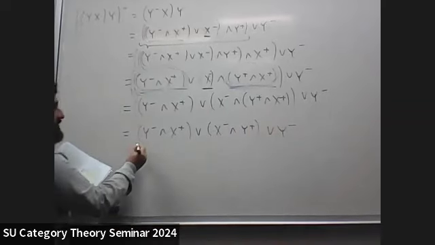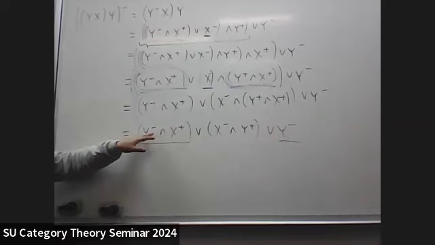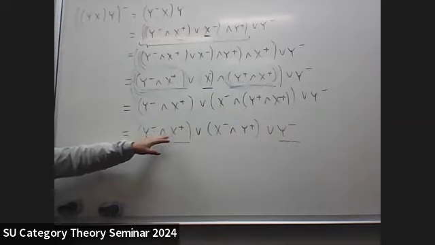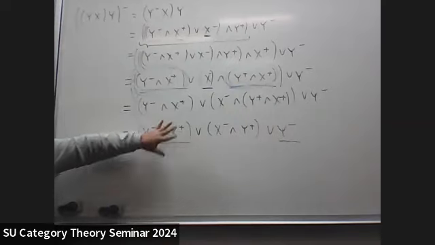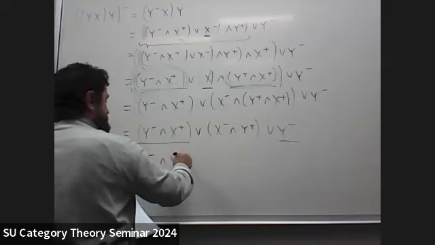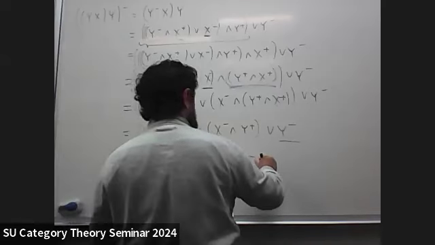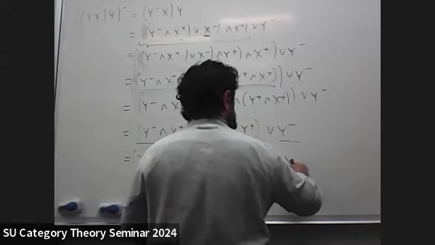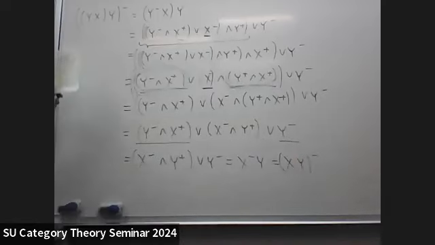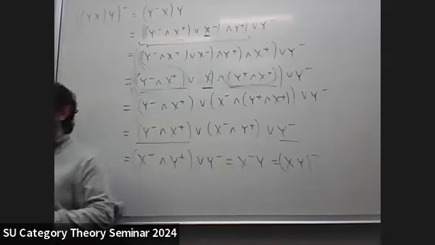And now if I look at this term and that term, I have y minus joined with something that's y minus meet. Yeah, so the term disappears. I end up with x minus meet y plus, join y minus, which is exactly x minus projected into y. So it's x y minus. And then I have the chain of equalities establishing that y x y minus is equal to x y minus, which is what I want.